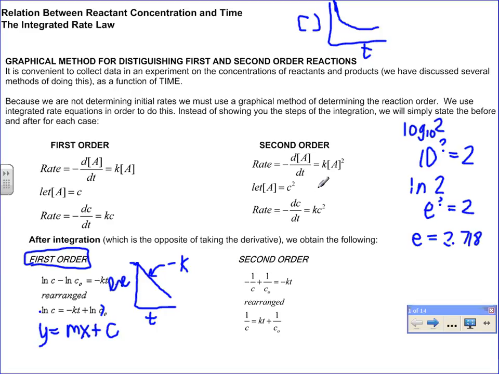Let's look at a similar scenario for a second order reaction. So for second order, you know that rate is equal to the rate constant times the concentration raised to the 2. Similarly, that's going to be the change in concentration with respect to time, so we can put it as dA over dt. We're talking about a reactant, so that's why it's negative.